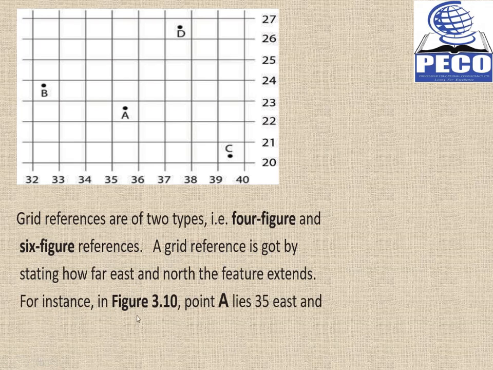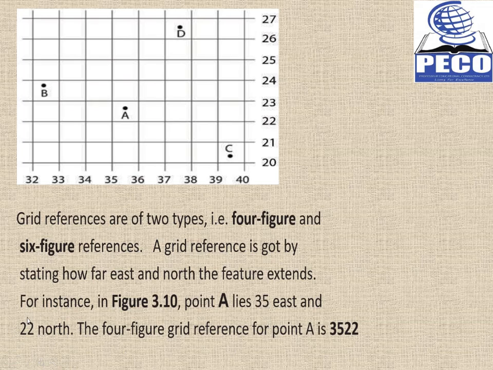For instance, in this figure 3.10, point A is lying to the east of grid line 35, and A is lying to the north of grid line 22.